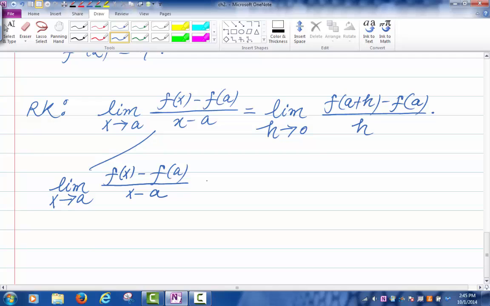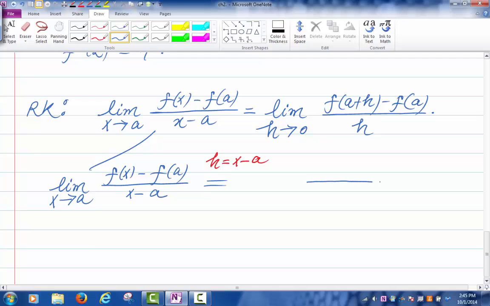So what I'm going to do here is set h to be x minus a. If I set h to be x minus a, what do I get?